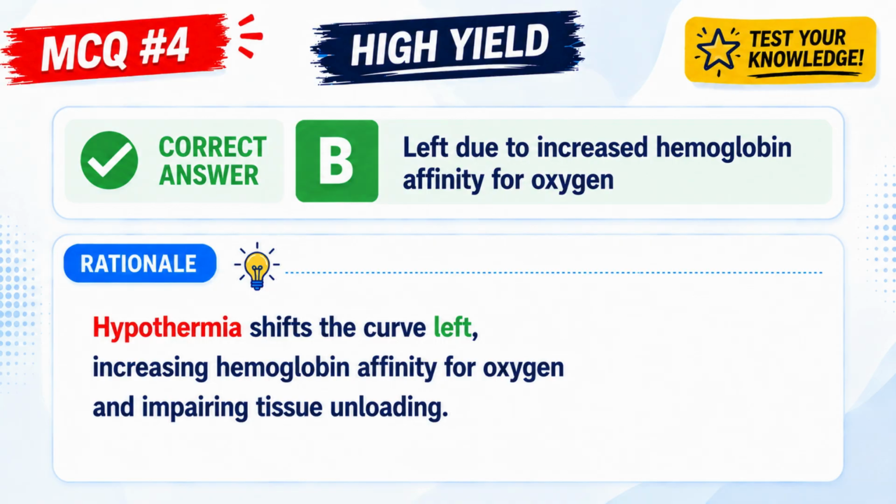Here's why. Hypothermia is one of the most powerful left-shifting conditions in clinical anesthesia. Cold temperature stabilizes the hemoglobin-oxygen bond. Hemoglobin holds on to oxygen more tightly. Left shift, decreased P50. During deep hypothermic bypass, temperatures dropping to 18 or even 15 degrees, this left shift is profound.